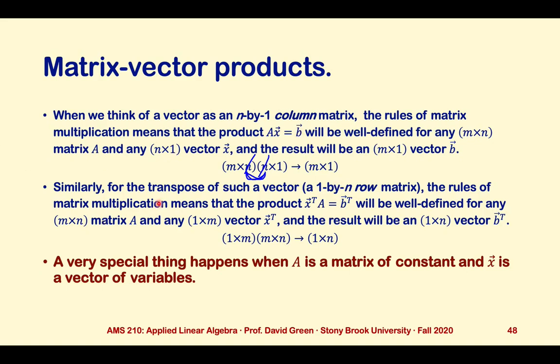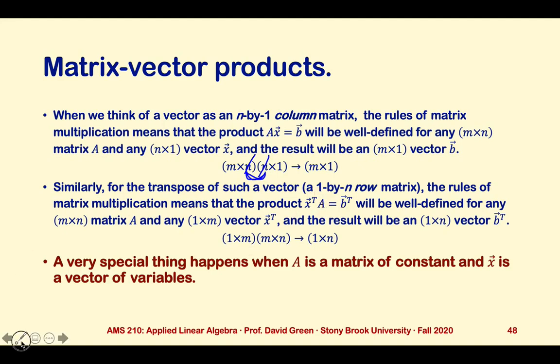We can also, if we use the transpose of a vector, so we're dealing with a row matrix, always define a product of a row vector by a matrix.